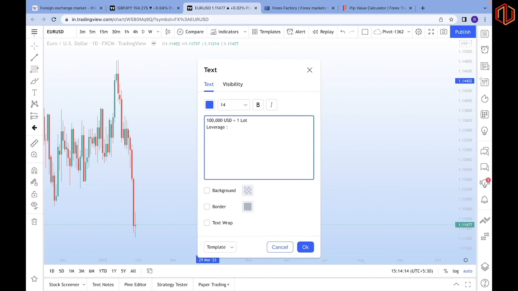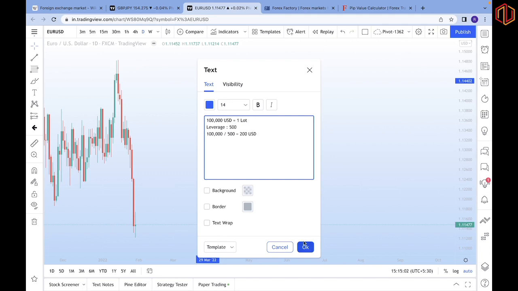So you have $1,000 in the account, and you can purchase currency worth 100,000 USD. That is what it means with a leverage of 1:100. If you change that to, say, 1:500, then for the same 100,000 USD, you need to pay $200.